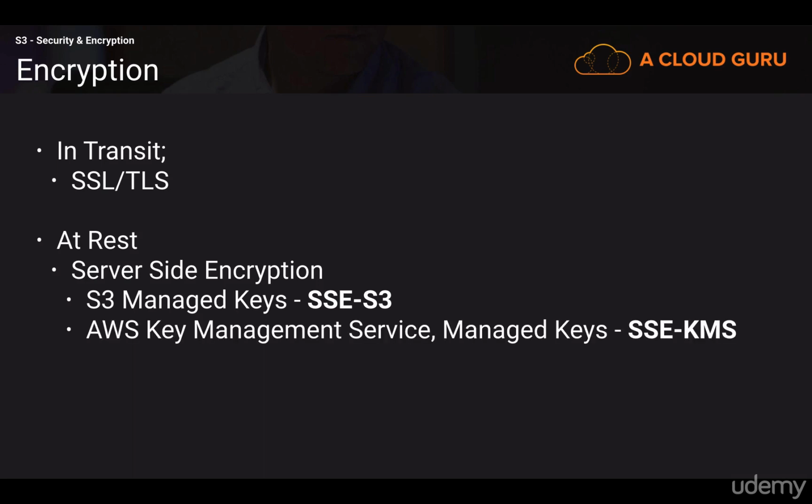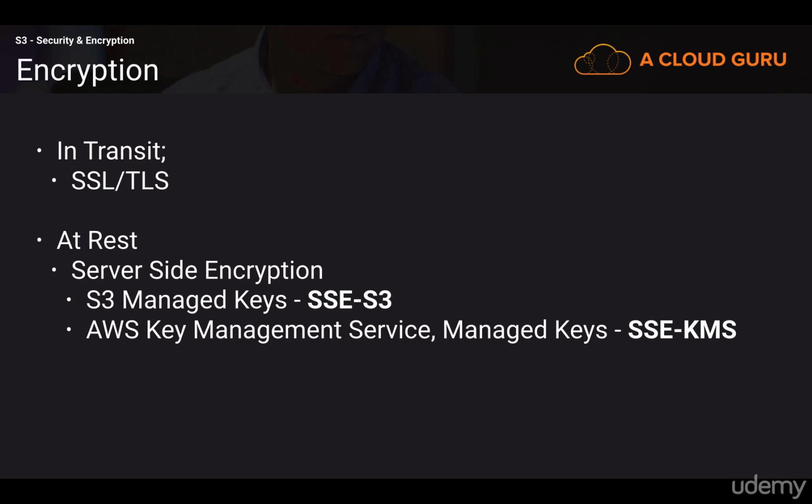The next one is server-side encryption with AWS KMS managed keys, where KMS is Key Management Service. This is very similar to SSE-S3, but it comes with a few additional benefits as well as some additional charges for using it. There are separate permissions for the use of an envelope key. An envelope key is simply a key that protects your data's encryption key, and that provides added protection against unauthorized access to your objects in S3.